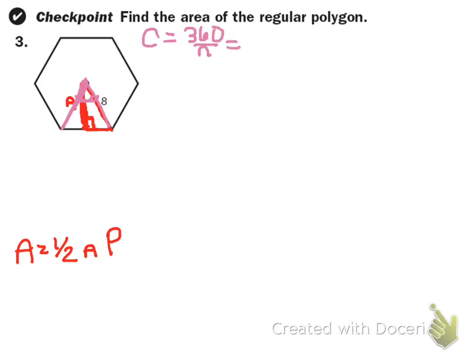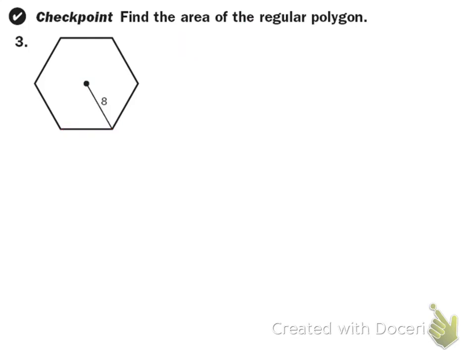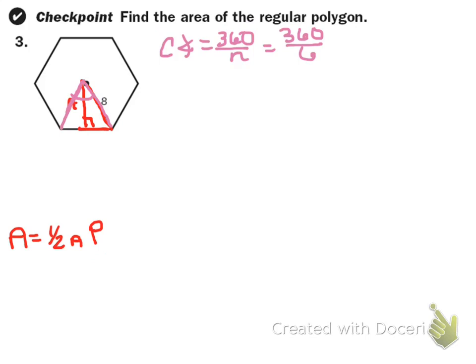Well, this polygon has 6 sides, so we take 360 and divide it by 6. We find the central angle is 60 degrees.